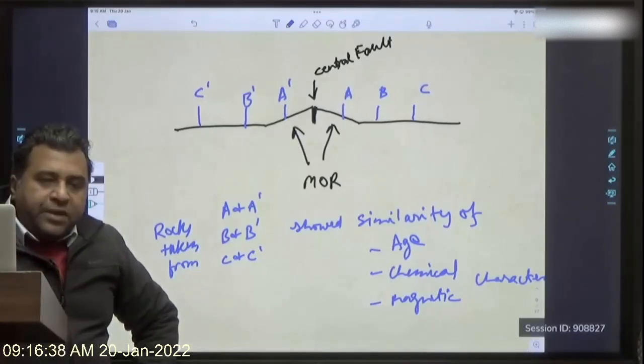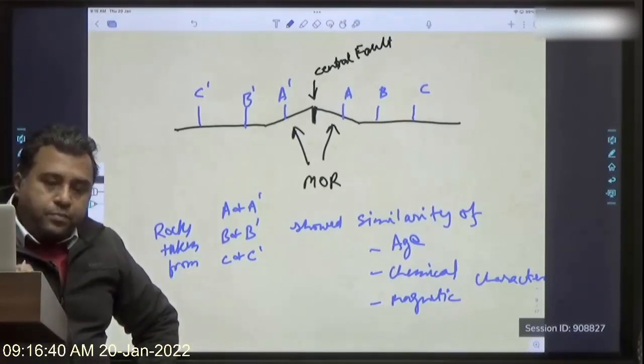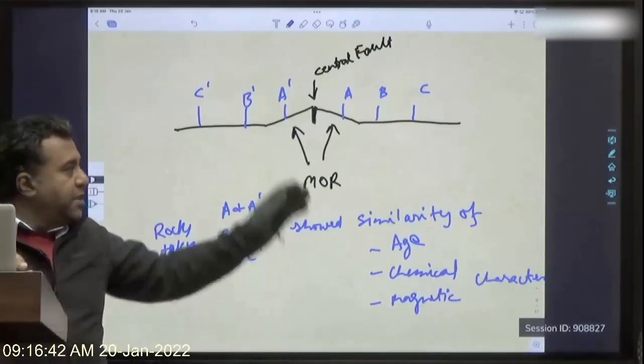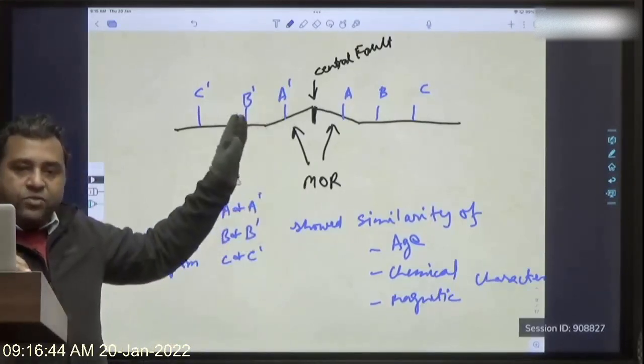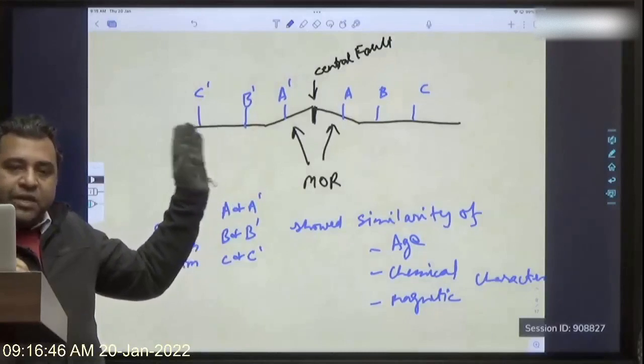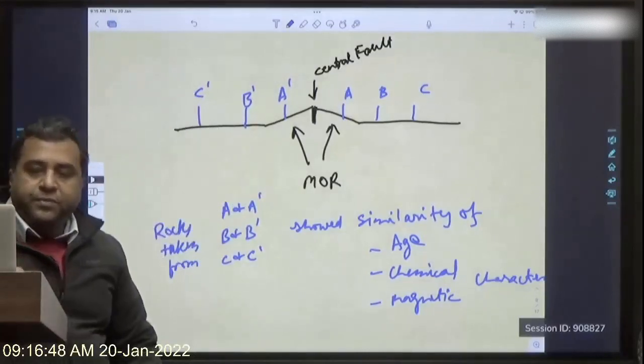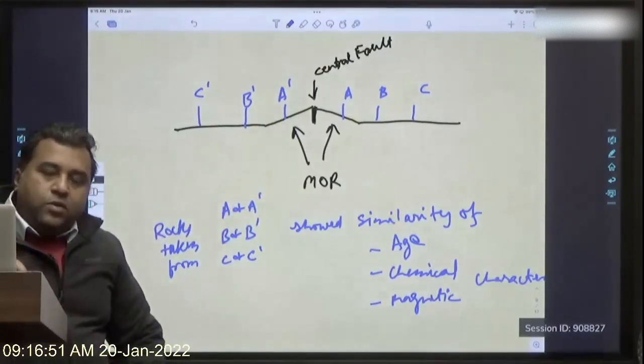Age of the rocks kept getting older gradually. So it wasn't suddenly getting older. So as you kept moving, gradually the age of the rocks kept getting older. Okay.